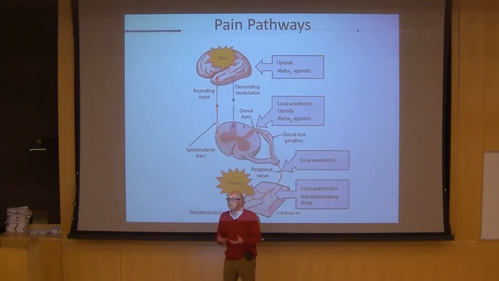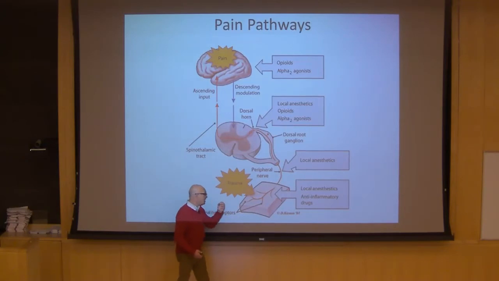There are several different parts of sensing pain and registering in your brain that it is a painful event that's going on. So first, as we have in the slide here, we have nociceptors, or pain receptors. Those signals then go up through the spinothalamic tract, which goes through the spinal cord, and that registers pain in your brain.